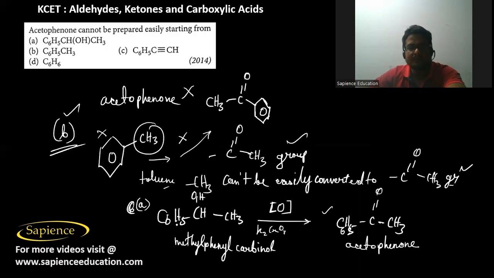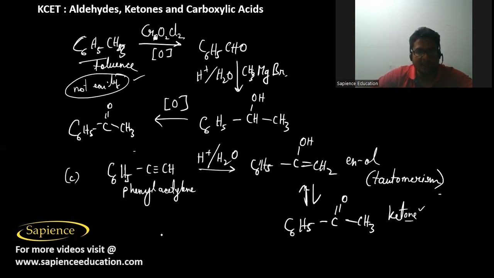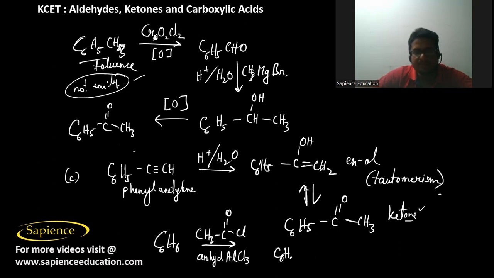And in option D, the benzene, when it reacts with CH3COCl in the presence of anhydrous AlCl3, will form acetophenone. So here also it will take a single step only.